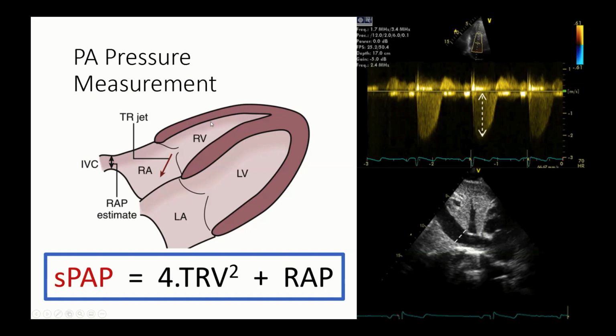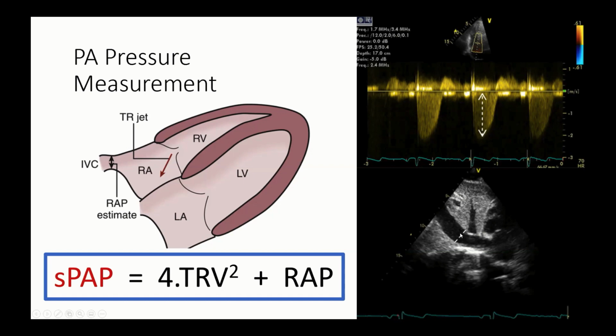To the 16, which is the systolic pressure from the right ventricle only, you have to add the right atrial pressure. And you get the right atrial pressure by estimating it from the size of the IVC. You're very comfortable with looking at the IVC to estimate the right atrial pressure.